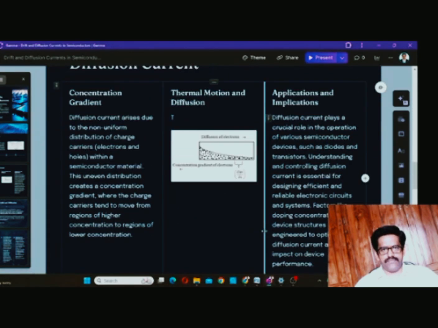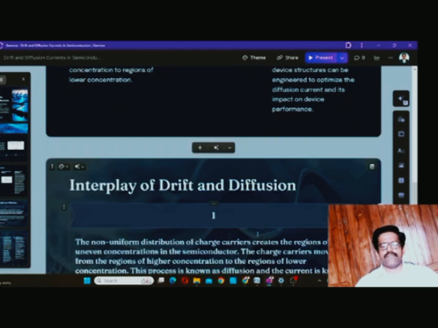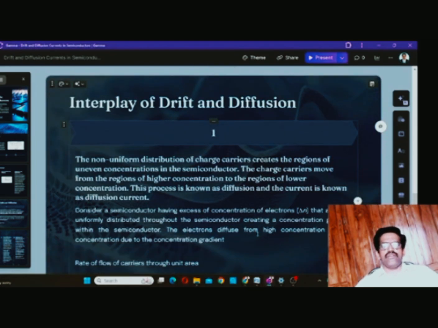That is diffusion current. Before going to diffusion current, in physics we have studied the fundamental laws. Wind blows from a high pressure area to a low pressure area. Similarly, water flows from a high area to a low area.